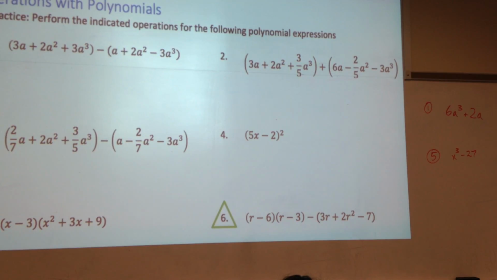Non-distributing, just subtracting. It's not really hard, though, it just looks hard. All you're doing is basically bringing in the negative, and then just rewriting it. That's how you do it.